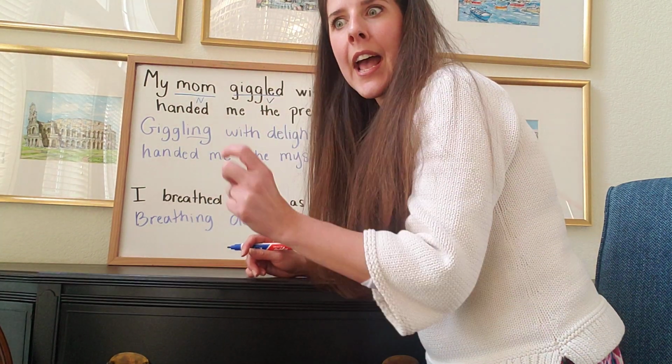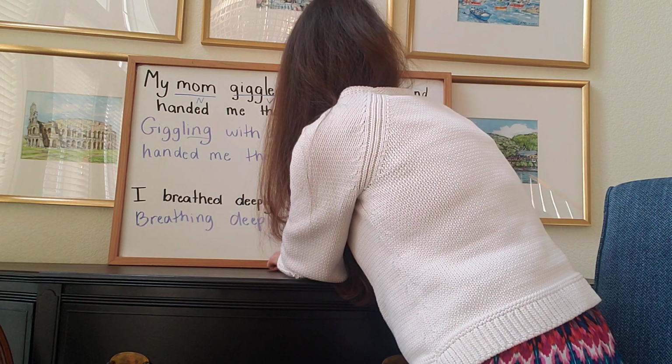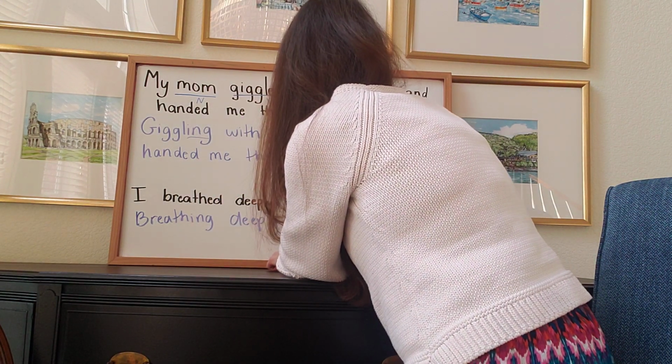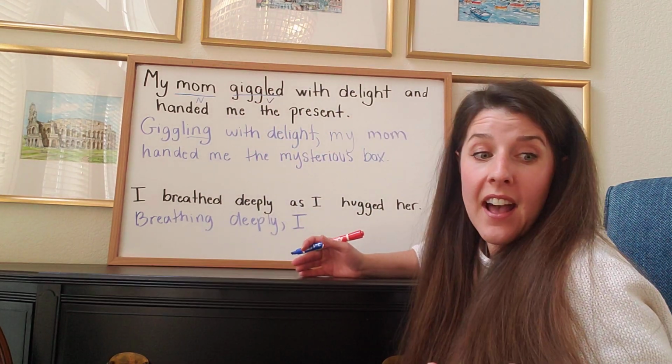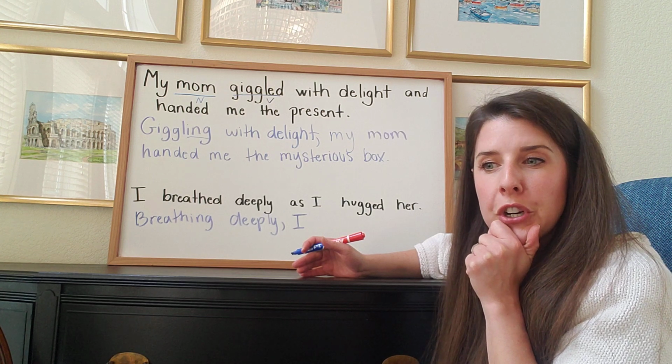Breathing deeply, and now is my opportunity to put my pronoun in, my I. Breathing deeply, I, and I could just say I hugged her, but now I'm going to ask myself, who is the her that I'm hugging?